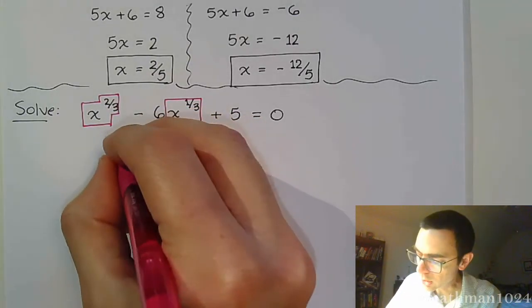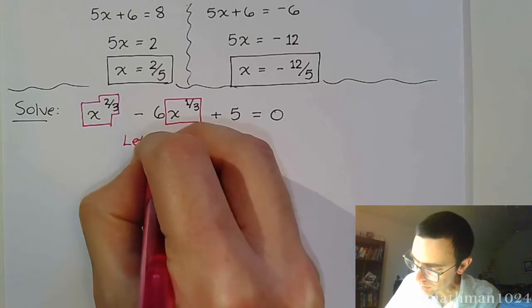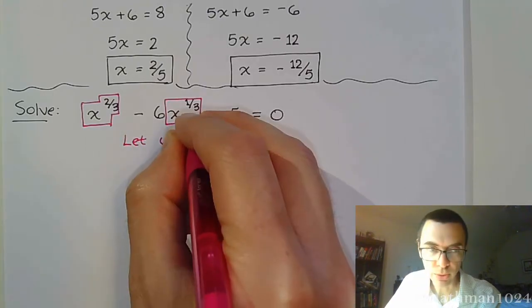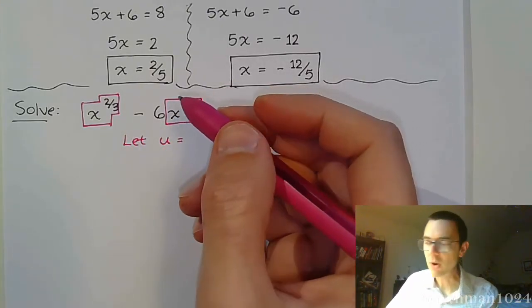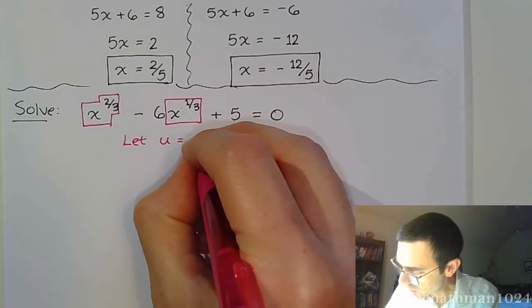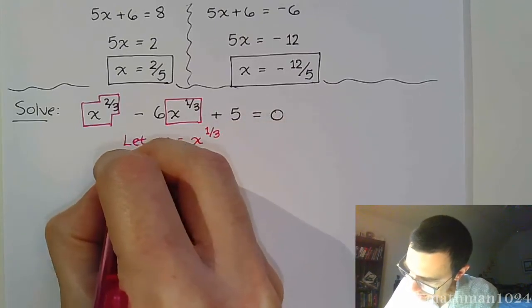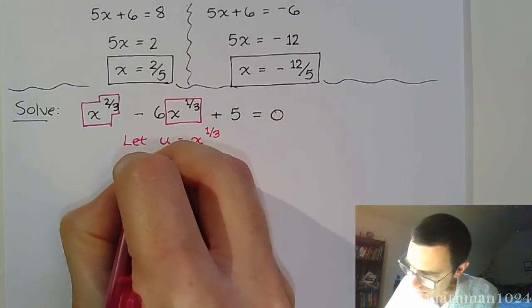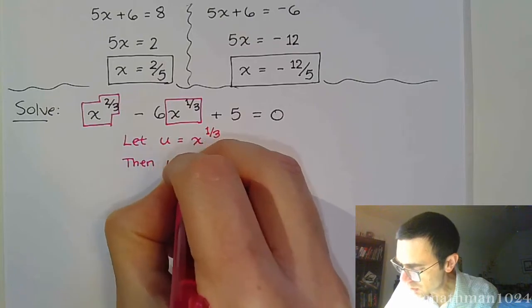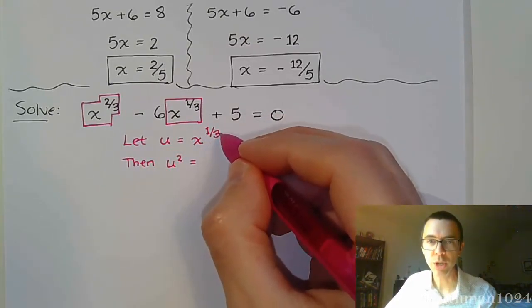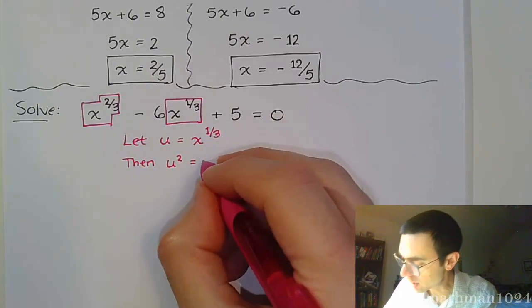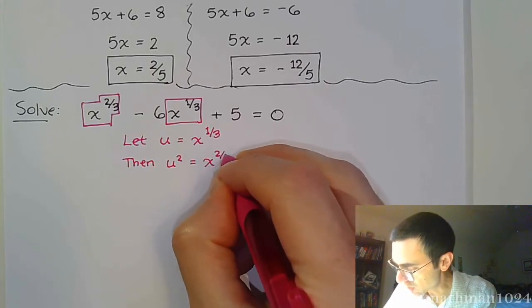When you make your declaration for u, you're going to let it be the variable piece in the middle, not the 6. So let u equal x to the 1/3. And if you do that, then u squared is this one with double the power, and again, if you double 1/3, you get 2/3.